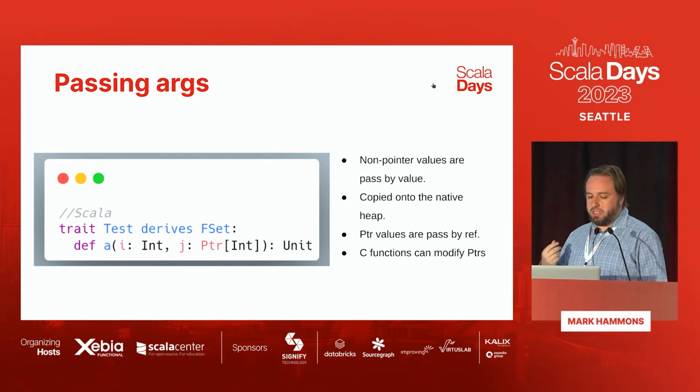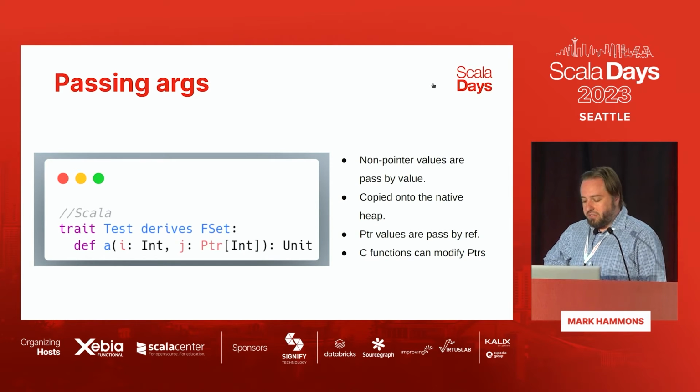So when it comes to passing arguments to methods in Slinc, generally you have pass by value and pass by reference. Anything that's not wrapped in a pointer type is passed by value, always.